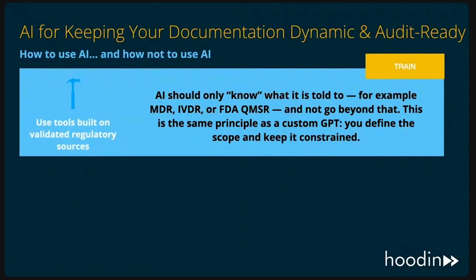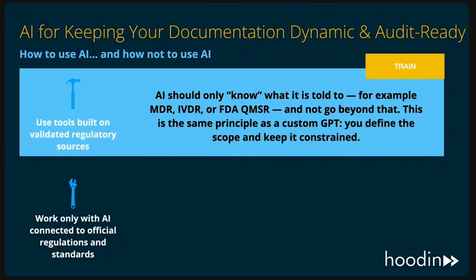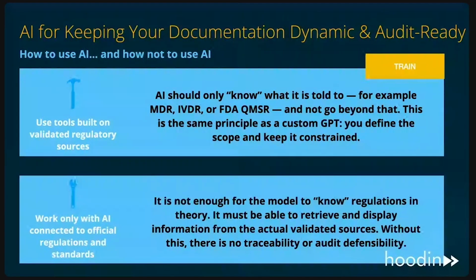That's kind of training it, or programming it is probably better phrasing. Work only with AI connected to official regulations and standards. It's not enough for the model to know regulations in theory, it must be able to retrieve and display information from the actual validated sources. Without this, there's no traceability or audit defensibility. It's just guesswork.